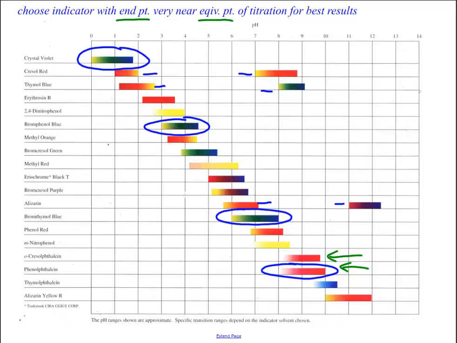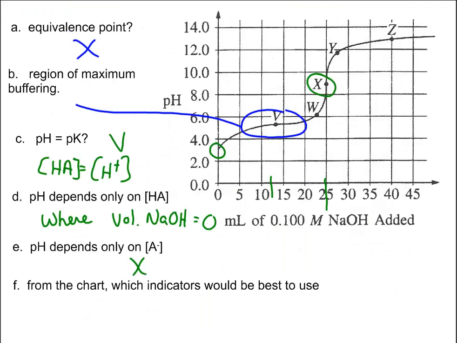Phenolphthalein is really easy: the color change is from colorless to hot pink, which is pretty easy to see. Orthocresolsulfonphthalein I've never used before, but it looks like it does about the same thing, so either of those would be good choices. We have phenolphthalein in the lab, so that would be the one I'd pick for this particular titration.